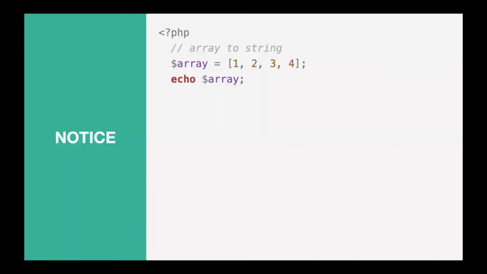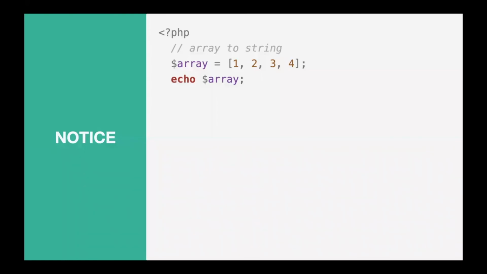So the most common example of a notice is to echo out an array. And you can't do that. If you watch the video from last week, the echo statement on an array will cause a notice because it will attempt to do an array to string conversion, which doesn't work.